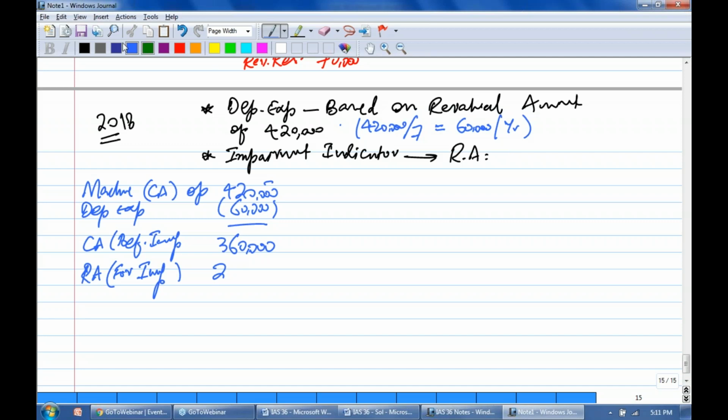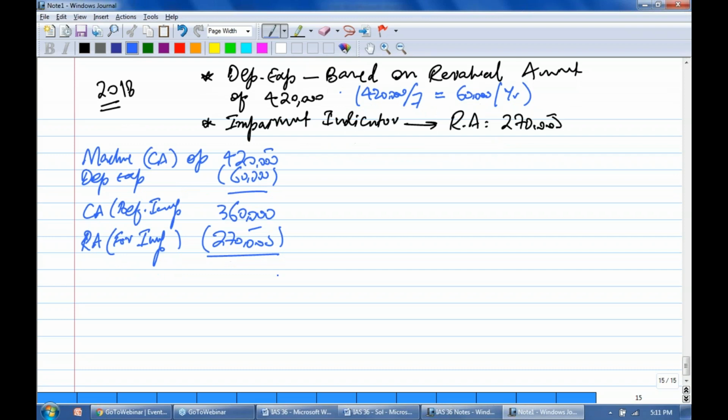Two lakh 70,000. Putting the figure 270,000. So the impairment loss, 360 minus 270, that's equal to 90,000.